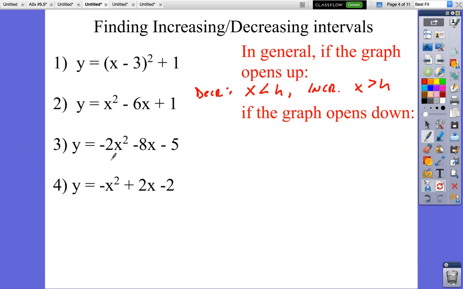Find your vertex, opposite of B over 2A. Plug it back in, I get -8, so 8 minus 5 is 3. And this opens down.